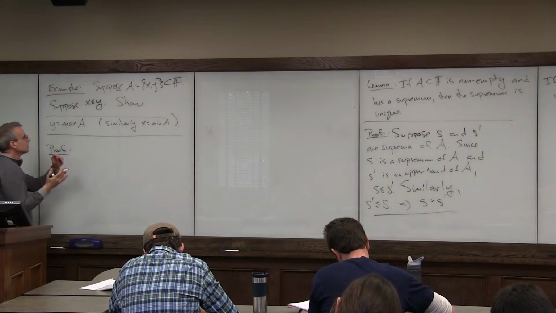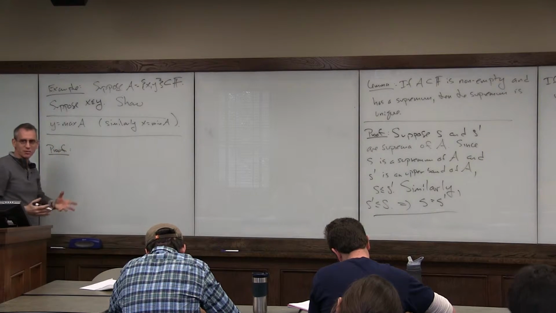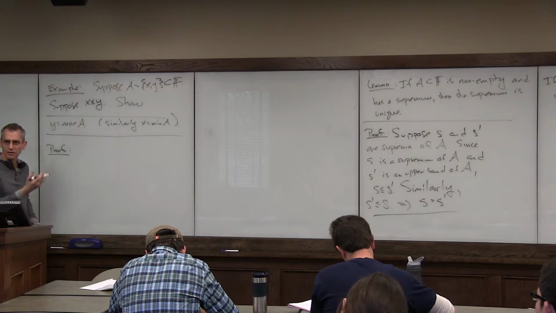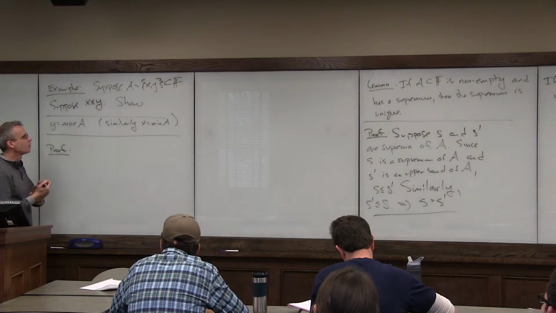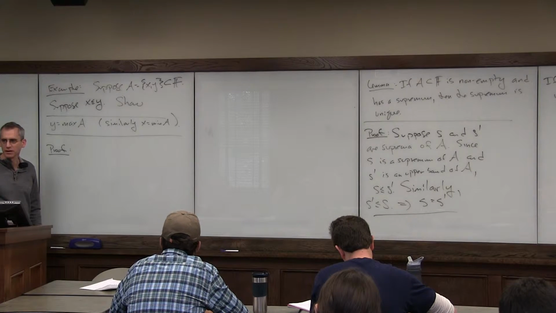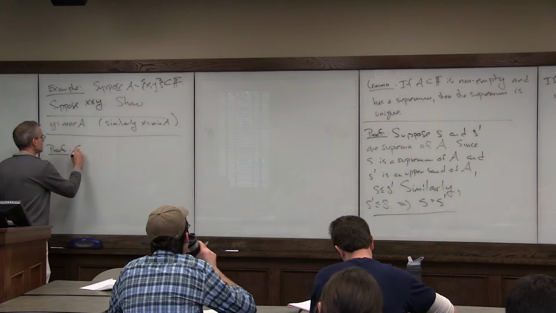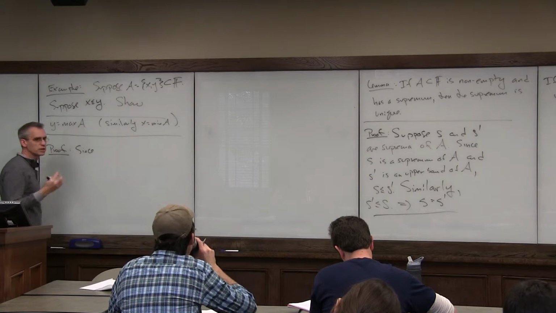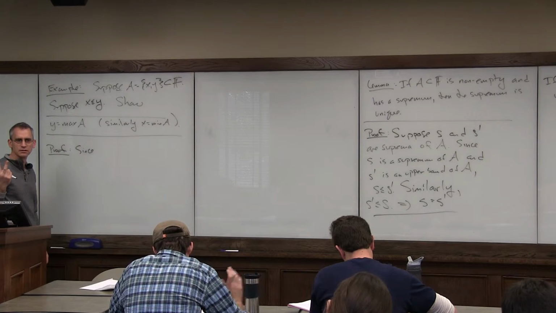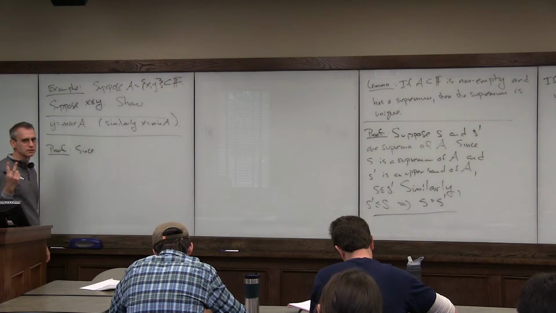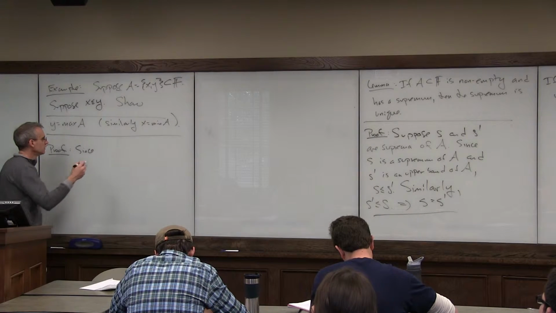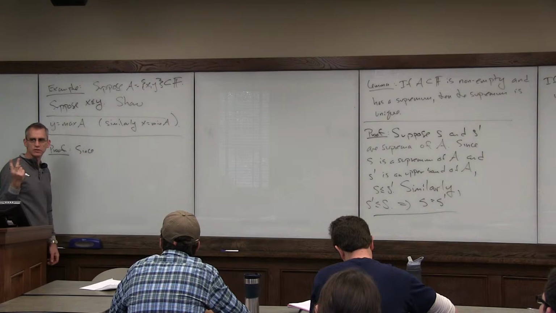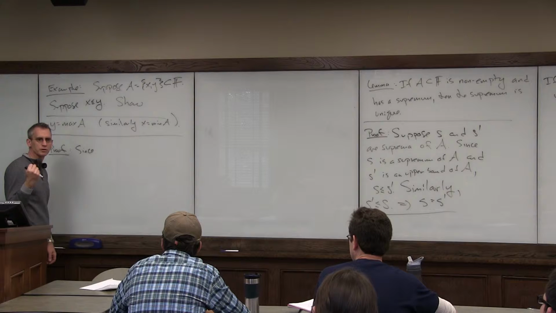Now, of course, this is a little bit silly because we have our two elements listed out. Usually it's going to be an open line, but now we just have to check two things since they're right up there. What are the two things we need to check to show it's an upper bound? Greater than or equal to. What's greater than or equal to what?